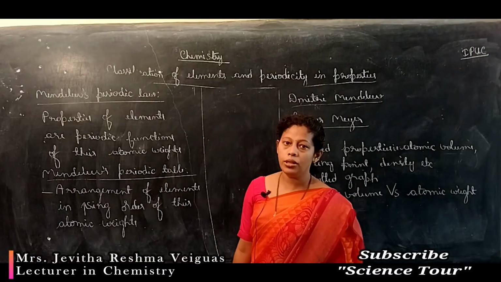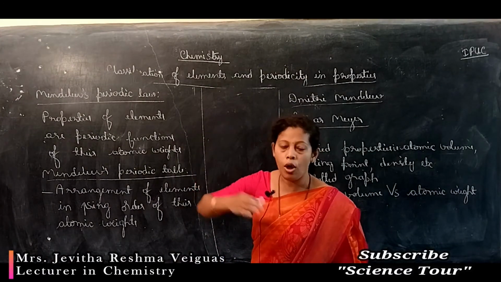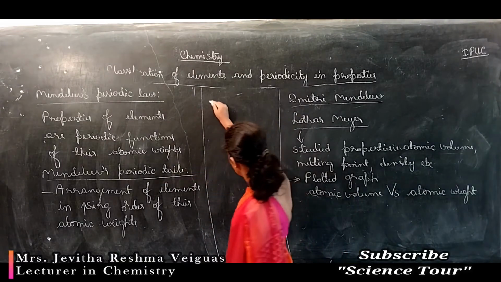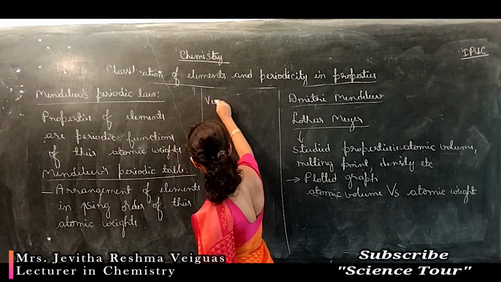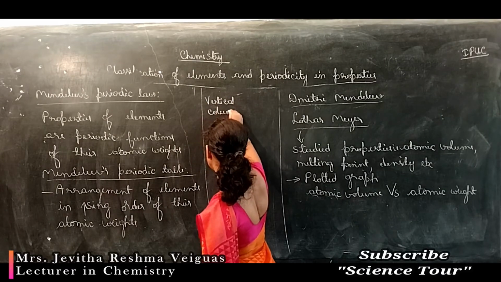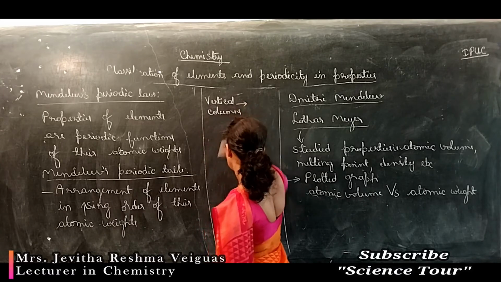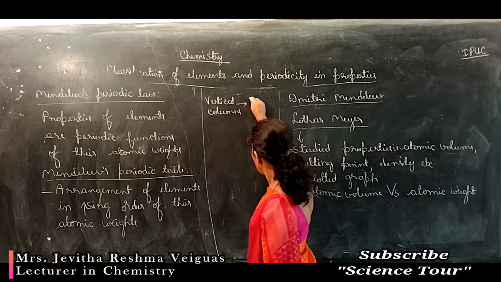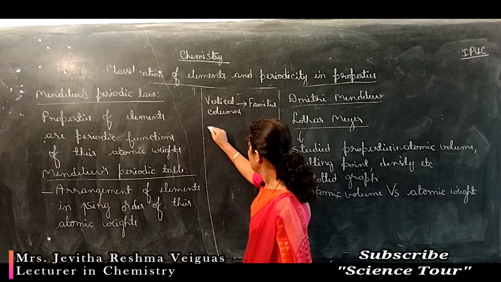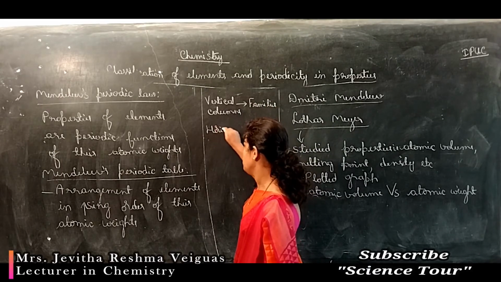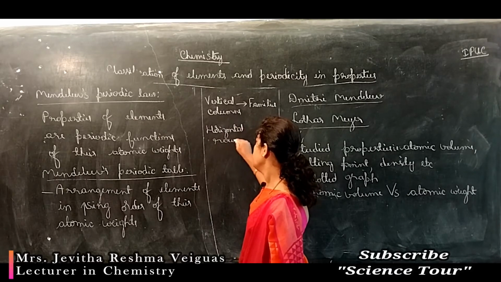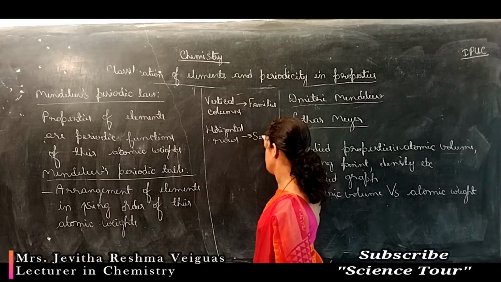Elements were arranged in the form of vertical columns and horizontal rows. In his periodic table, there were vertical columns. These vertical columns are called families, and the horizontal rows were called series.